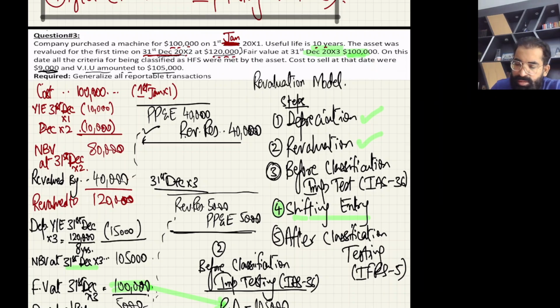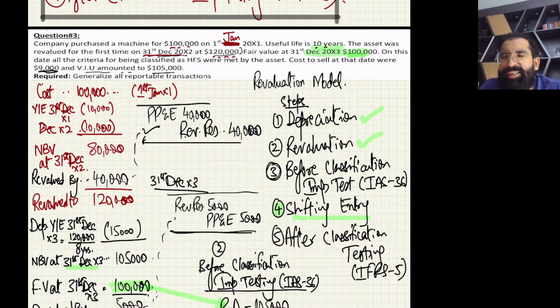So in the revaluation model, these are the steps. Number one, first you need to book depreciation till the date of held for sale classification. Then there is one extra step: do revaluation using IAS 16, and for revaluation you need to bring the asset to fair value, not fair value less cost to sell.